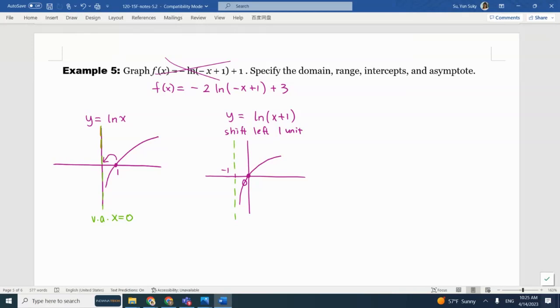All right, next one. What's the next? So shift left or right, and then the next one. Reflection over the y-axis first. Yeah, y-axis. Okay, so what are you looking at? You have a minus sign in front of x, right, everybody? So this is a reflection over the y-axis.